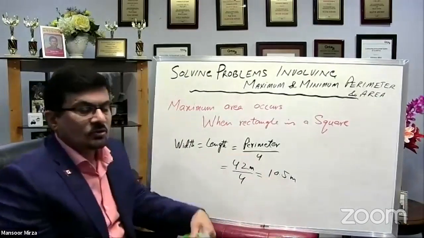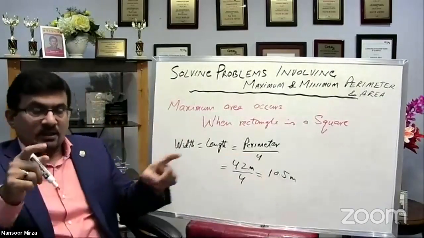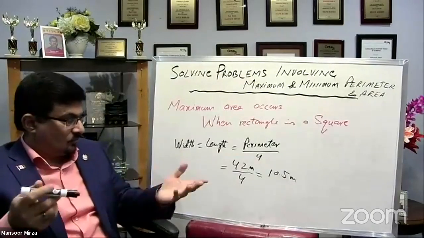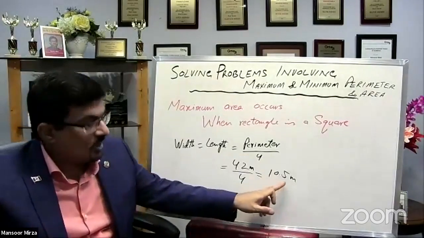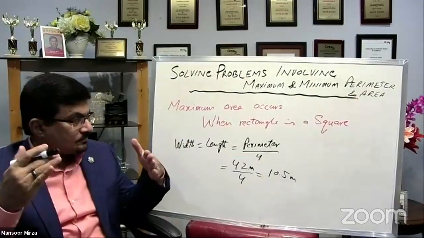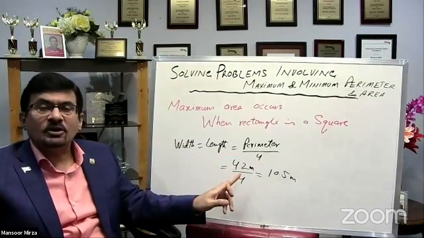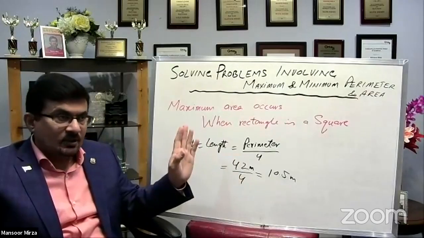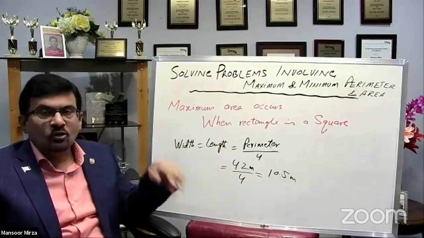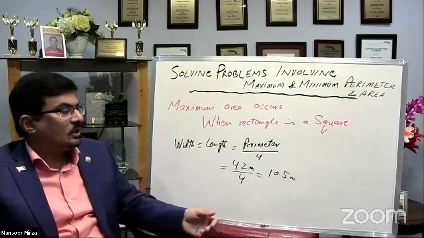So that shows if Mr. John makes the sides of that sandbox with 10.5 meters for each piece, he will be using exactly 42 meters of his drywall or those 2 by 4 or 2 by 6, whatever the wood he's using.